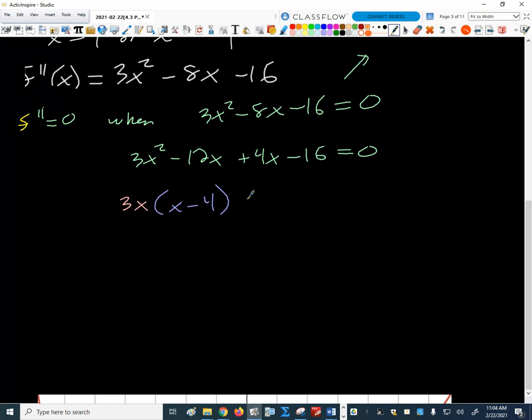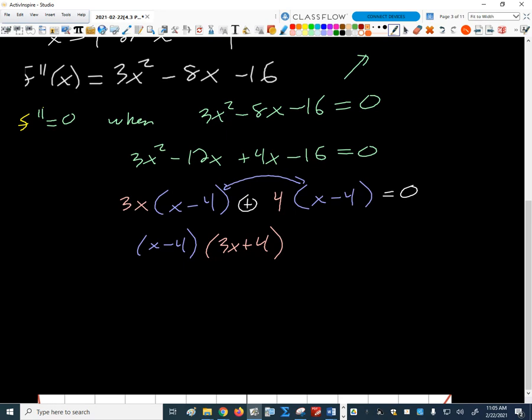In the second group, to have the same binomial factor, we'd factor out a 4, right? So this thing then factors into x minus 4 times 3x plus 4. So we get zeros of the second derivative where? When x equals 4 or x equals negative 4/3.